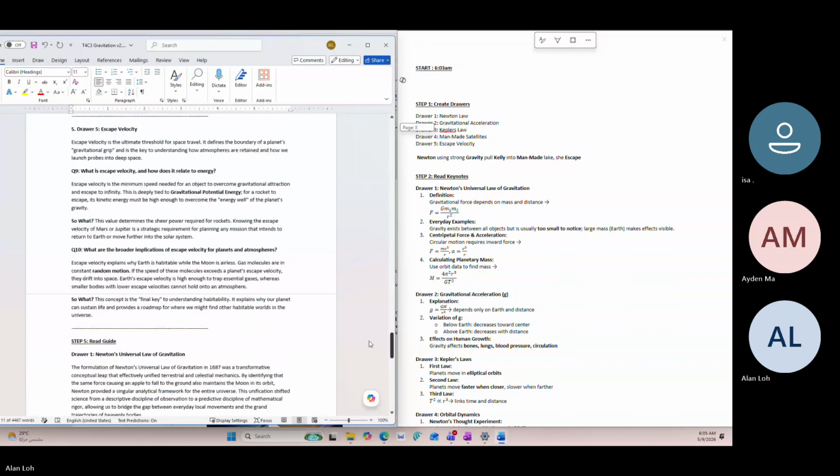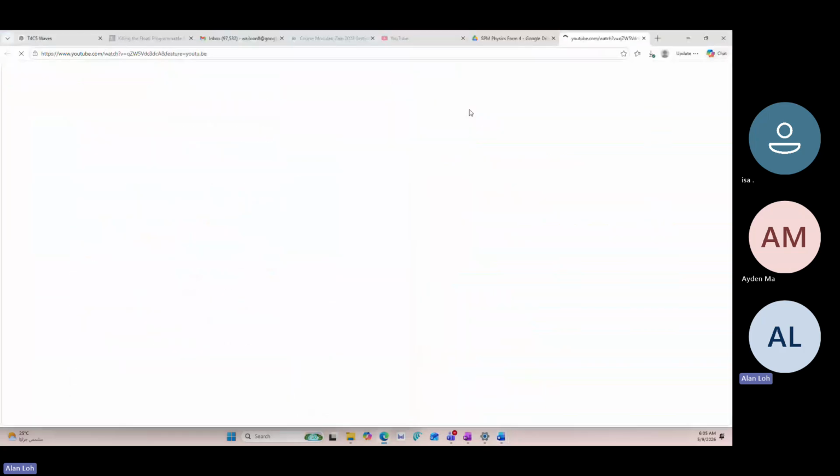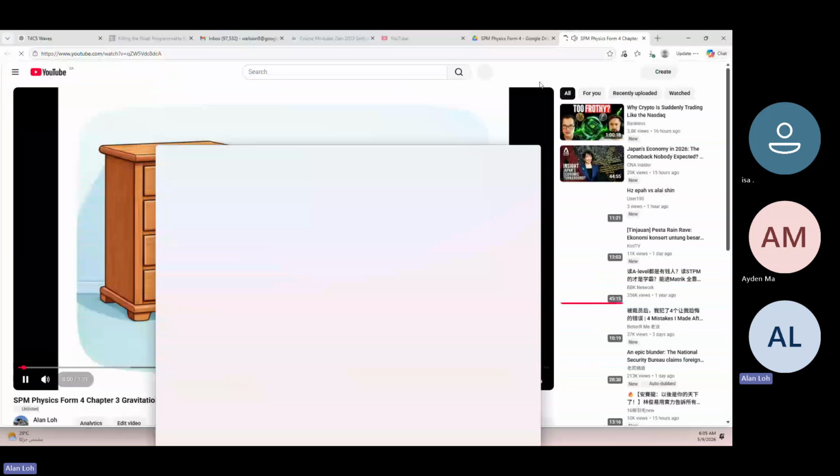Form 4, Chapter 3, Gravitation. Newton, using strong gravity, pull Kelly into man-made lake. She'll escape.